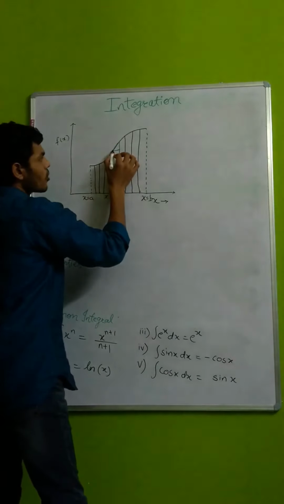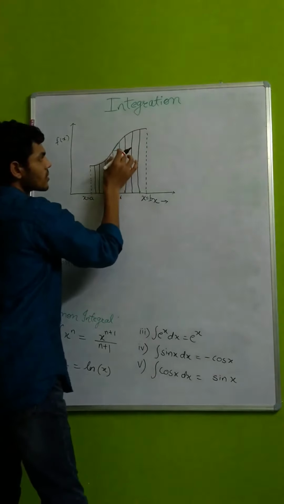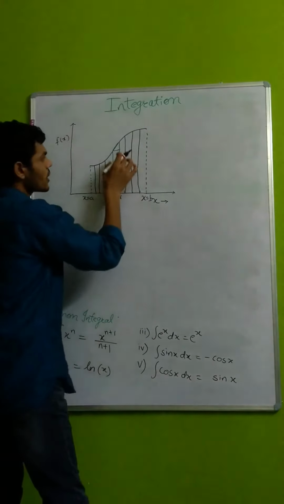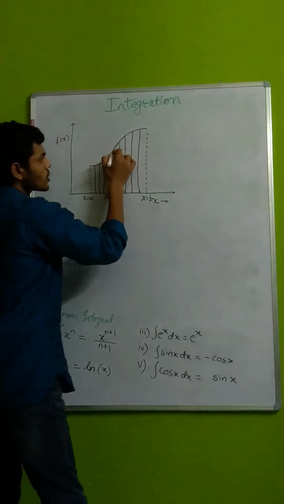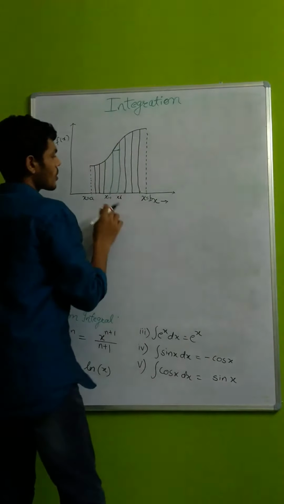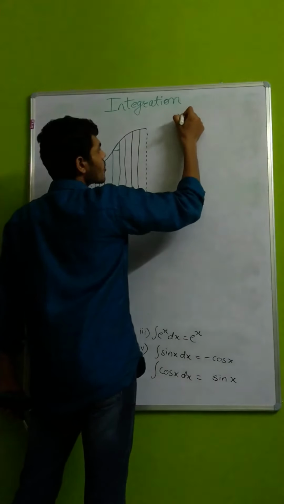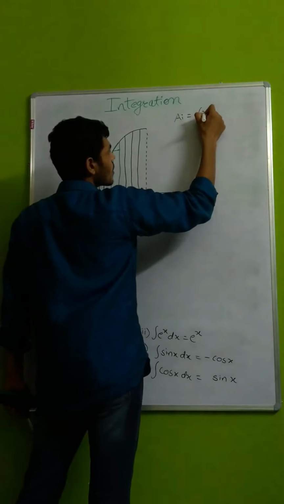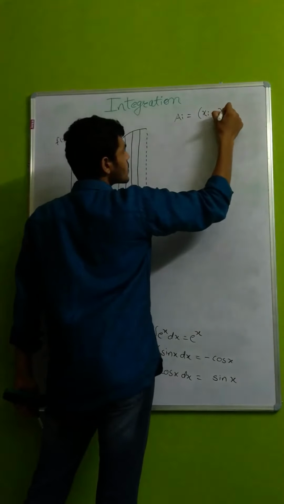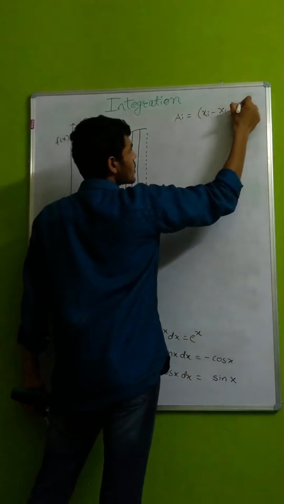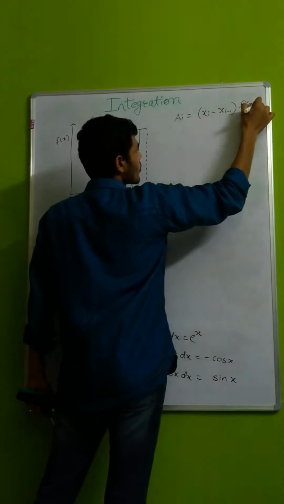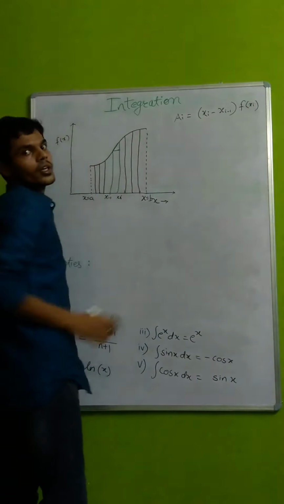Then at f of xi, we consider this rectangle to be very small so that this f of xi is constant for this rectangle. Then we can find area of this rectangle by area of rectangle equal to xi minus 1 into f of xi. This is area of one rectangle.